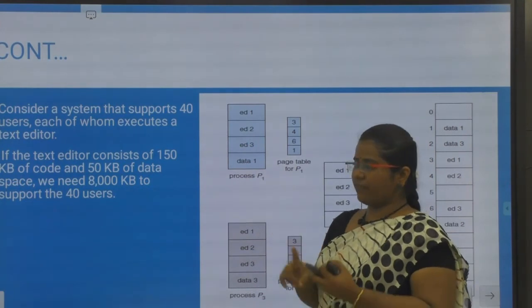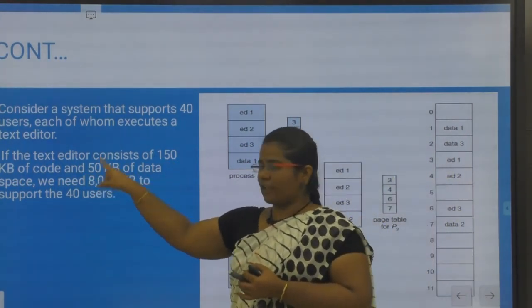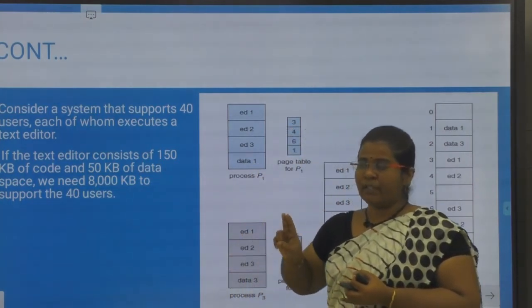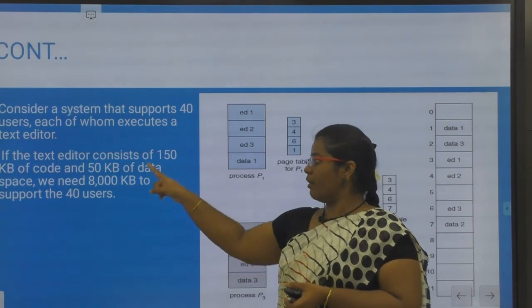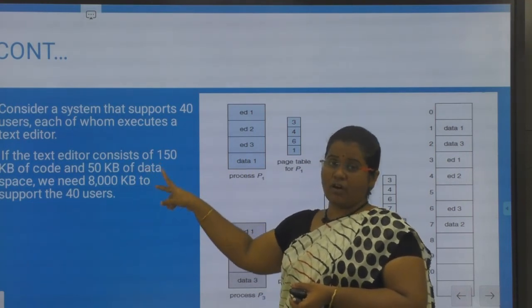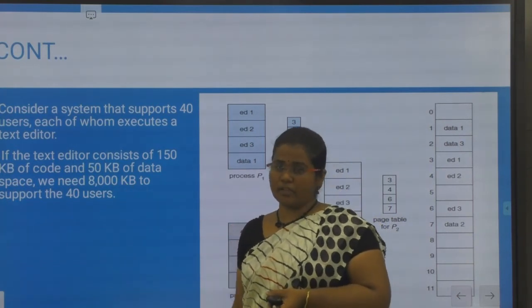So for one text editor application you need 150 plus 50, 200 KB of data. So such 200 KB of data is being used by all the 40 users. So in total, 200 into 40, you will need 8000 kilobytes of data.